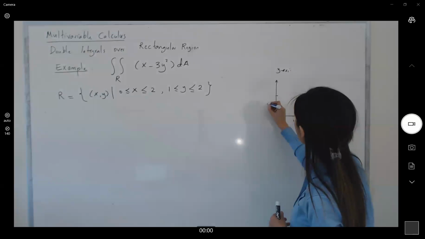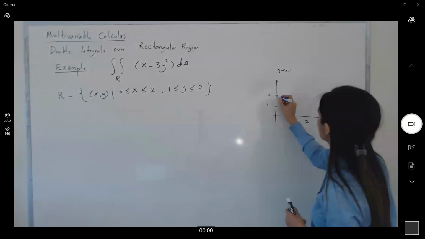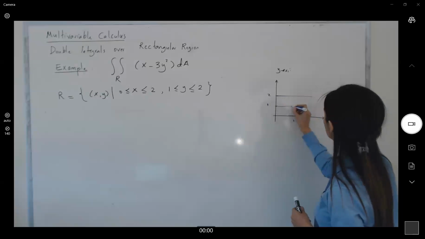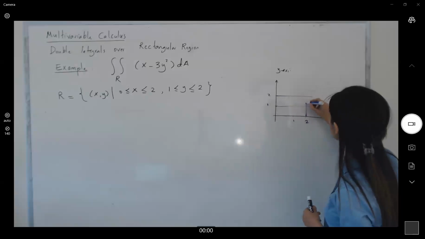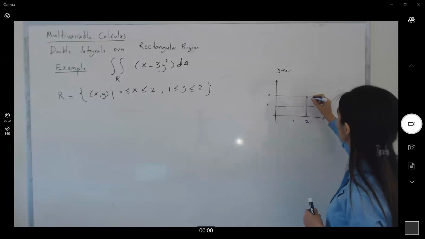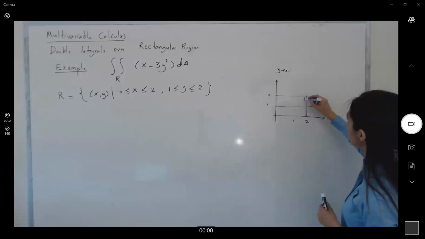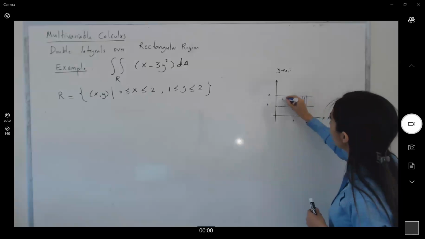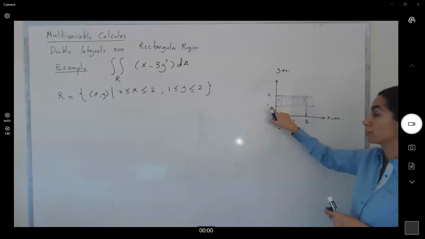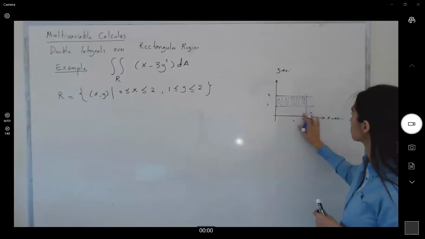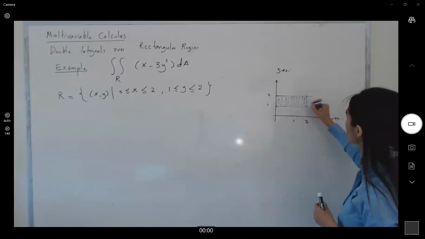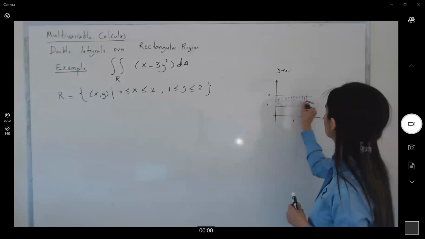So this is your y, and your x is in between 0 to 2. If you look at this, here you get the region R: y is in between 1 and 2, and x is in between 0 and 2, the intersection between them. This is your region R.